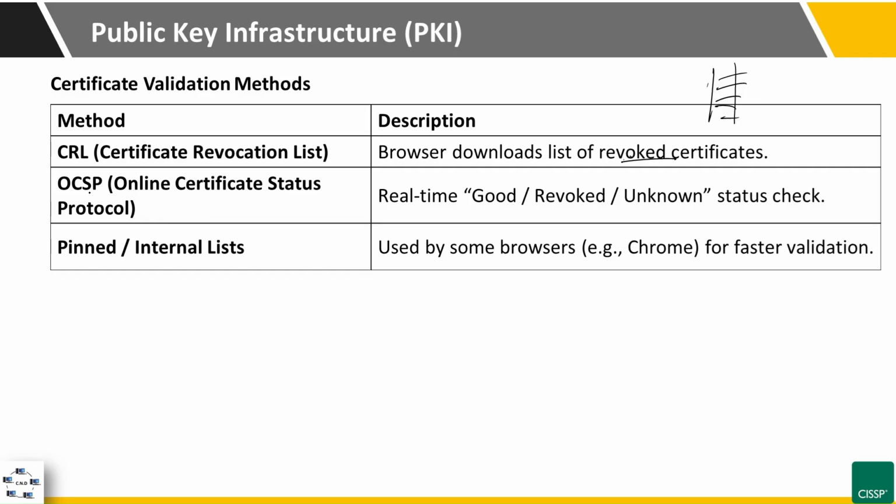Another, more efficient method is OCSP, the Online Certificate Status Protocol. It is real time and it shows a good, revoked, or unknown status check of the certificates. And you can also use the validation method of pinning or an internal list. It is used by some browsers, such as Chrome, for faster validation.